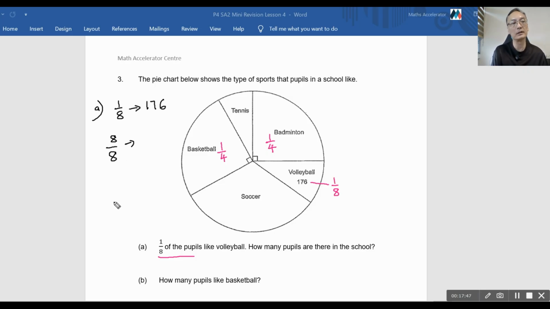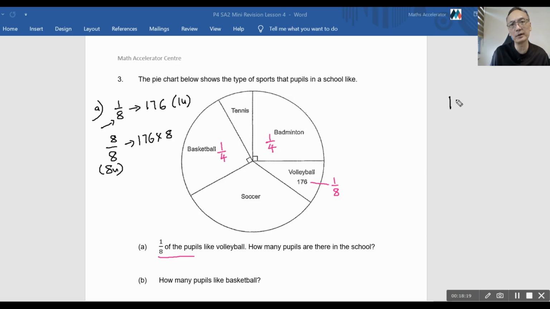As I mentioned in the earlier question, number 2, if 1 over 8 represents 176, we can take it that 1 unit is 176. The total number of units, or 1 whole, is represented by the denominator, which is 8 units. So when we want to find 8 over 8, naturally we know that we are looking for 8 units. Therefore, we'll take 176 multiplied by 8. This is 8 units, right?